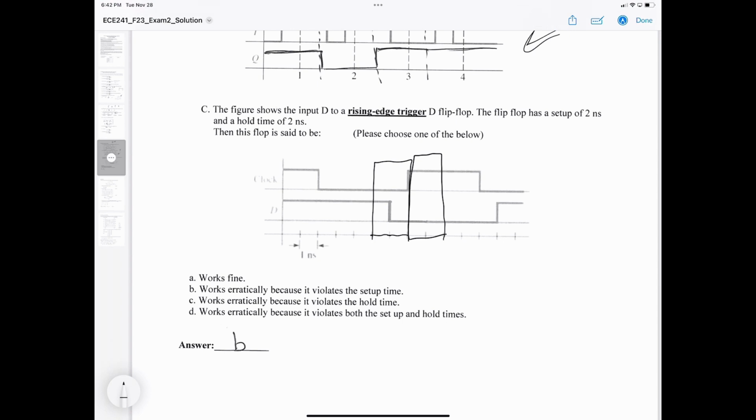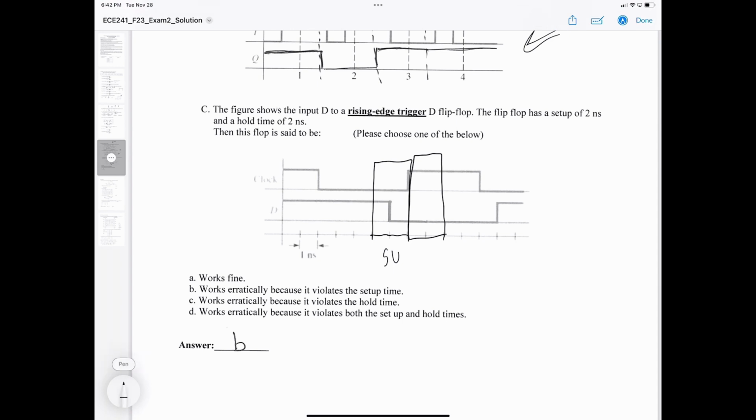D in the clock, right? They ain't looking too right. It's violating the setup time here. This is the setup time, and then after the clock is the hold time. So D is obviously too close to the rising edge, or this value switches.